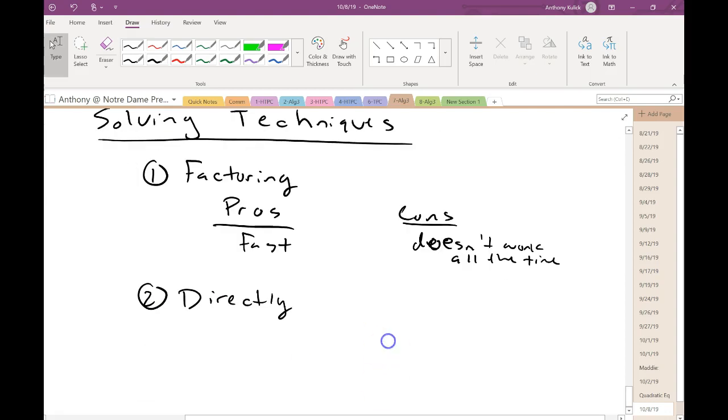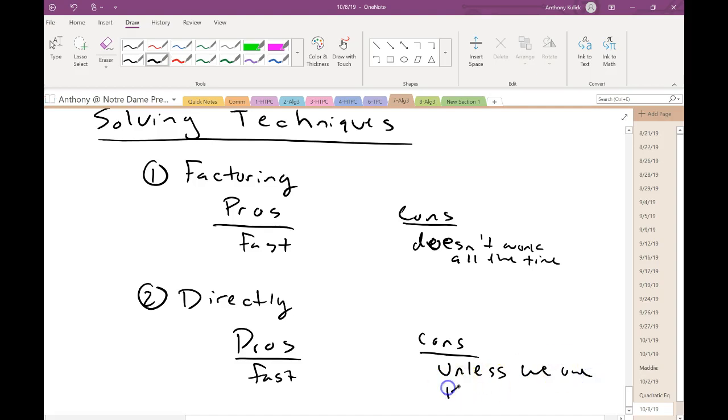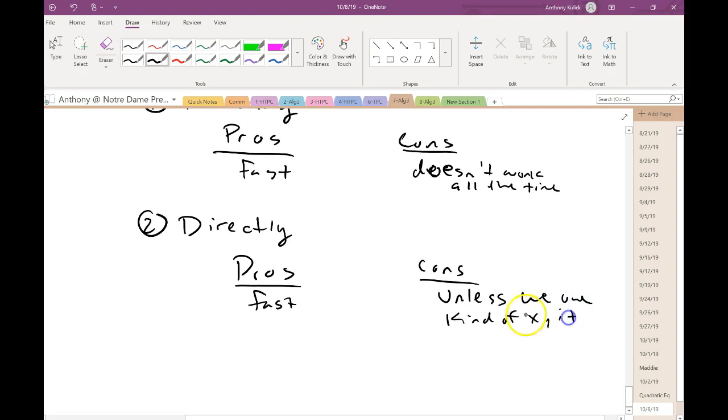We have solving directly. What's the pro here? Again, it's fast. The con is, well, unless we have one kind of x, it's not fast.